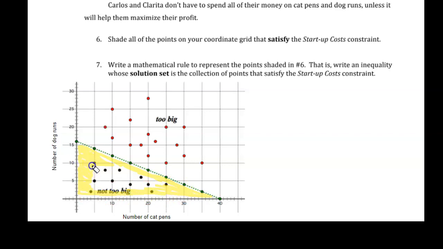And we're not shading anything outside of quadrant 1 because it doesn't make sense in the context of the problem. It doesn't make sense that we would have a negative amount of dog runs or a negative amount of cat pens. So we would want to only shade above the x-axis and to the right of the y-axis.